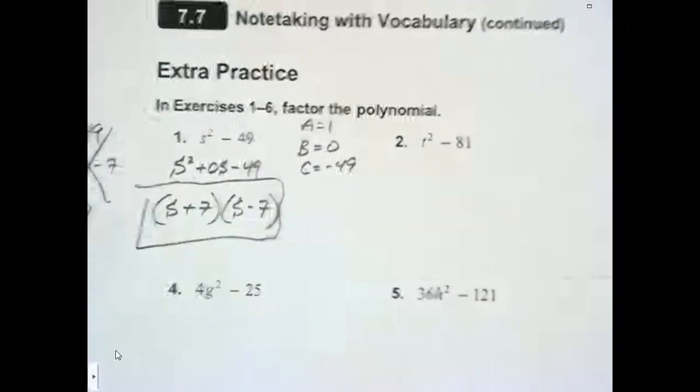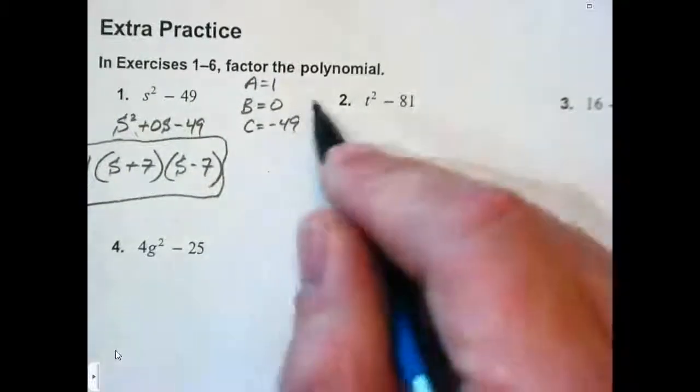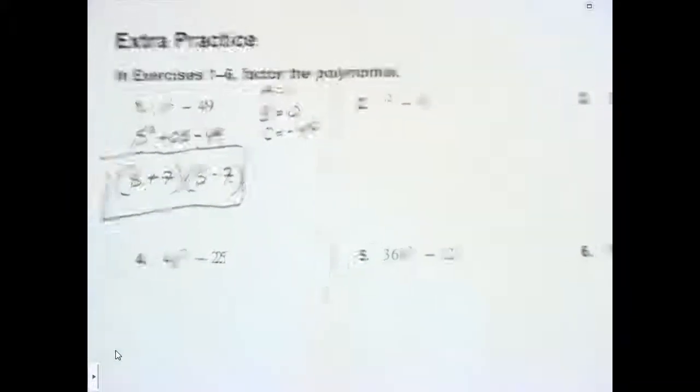Okay, let's try number 2. Identify A, B, and C on number 2. Do your diamond, factor it out.